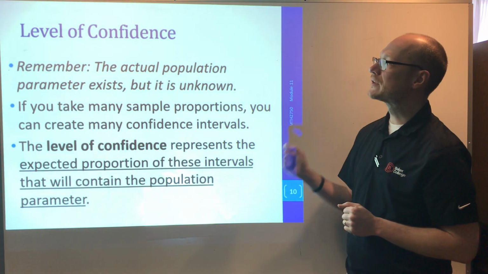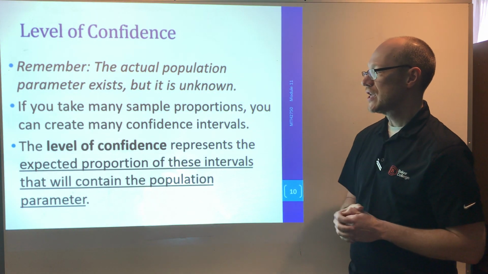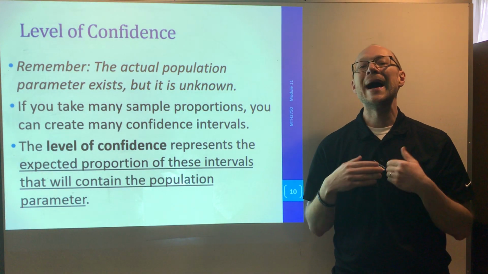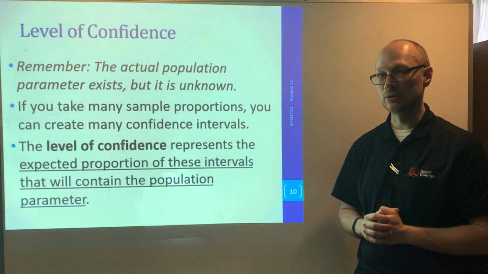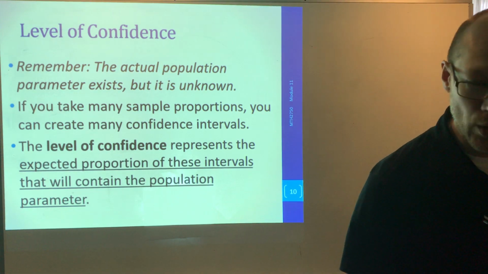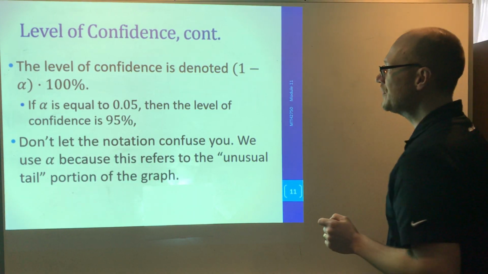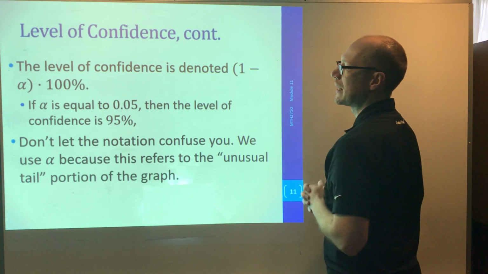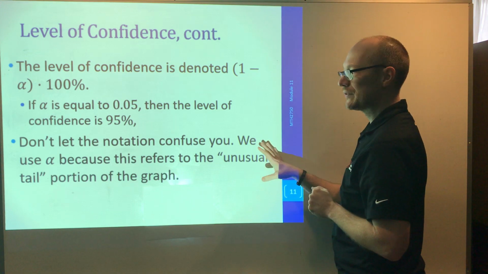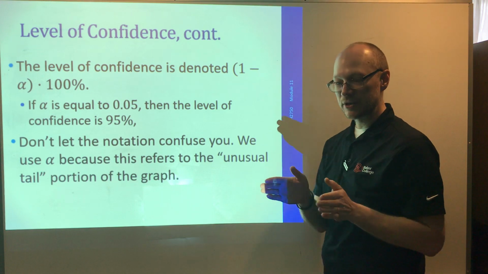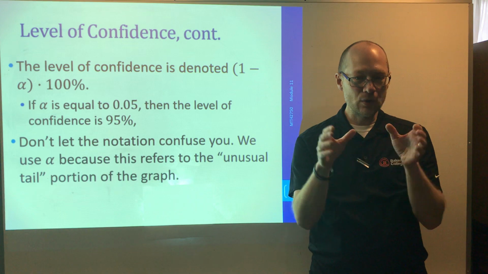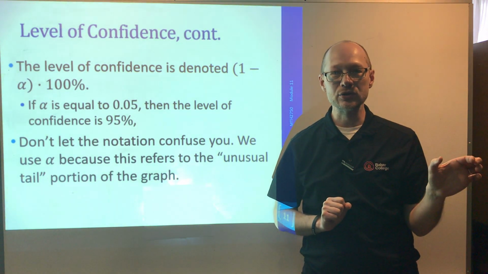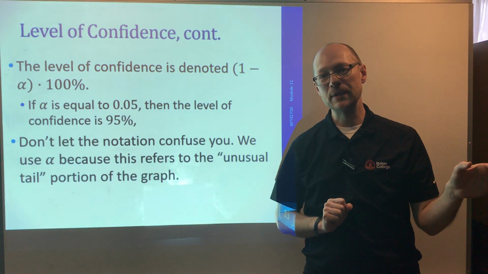The level of confidence represents the expected proportion of those intervals they created to actually contain the real deal. That is what we have. So the level of confidence is denoted in this very strange way: 1 minus alpha times 100%. Don't let that notation confuse you, because remember how we talked about what is unusual? Isn't a 5% value in the tail going to be something unusual?